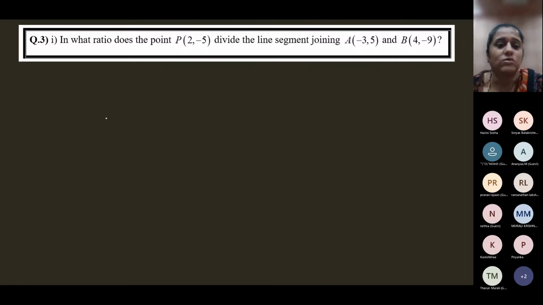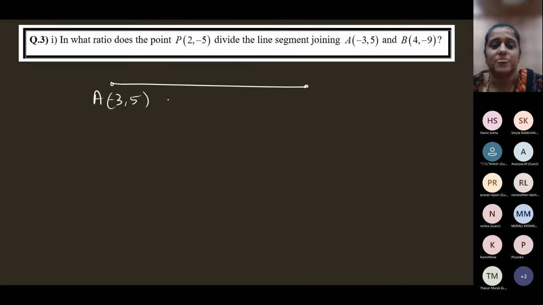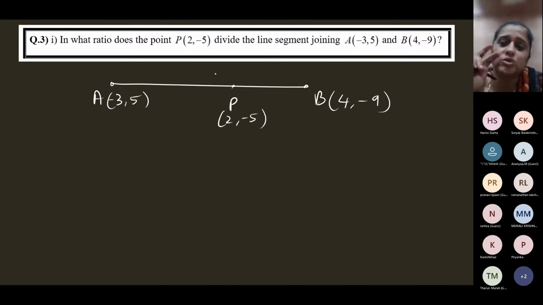Now, let's represent the information. A is (3, -3), B is (4, -9), and P is somewhere like this, (2, -5). We need to find the ratio. You can assume the ratio in two ways: either let the ratio be m/n, or k/1.